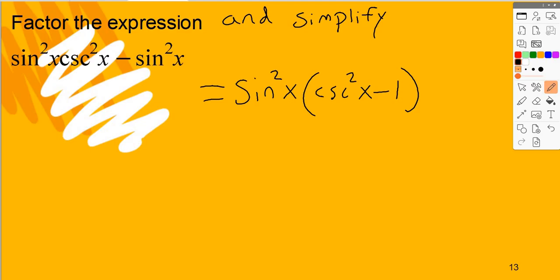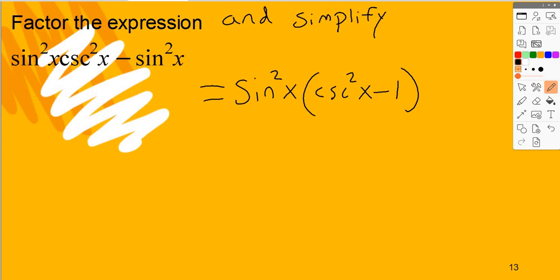They're squared. They're squared? What does that mean? The Pythagorean identity? Okay, which one do we want to do the Pythagorean identity on? Does that look like any of our Pythagorean identities?